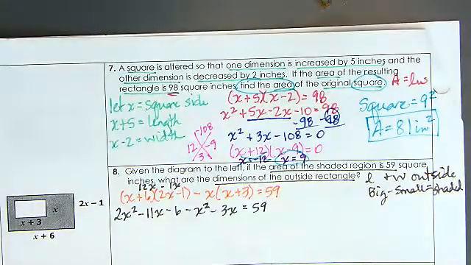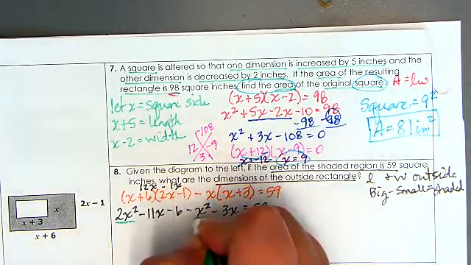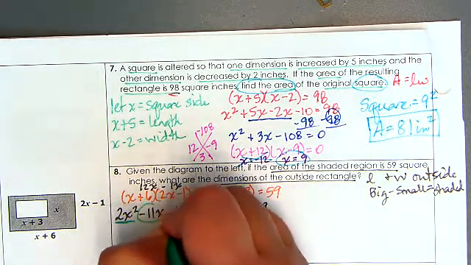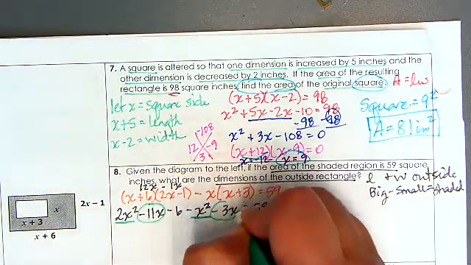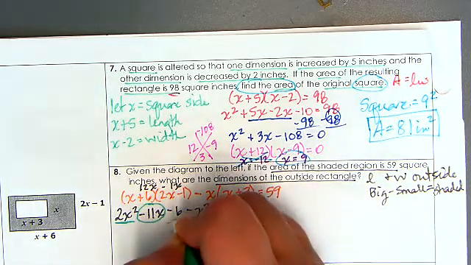Okay, now I'm going to combine my like terms, and at the same time, I'm going to bring the 59 over.